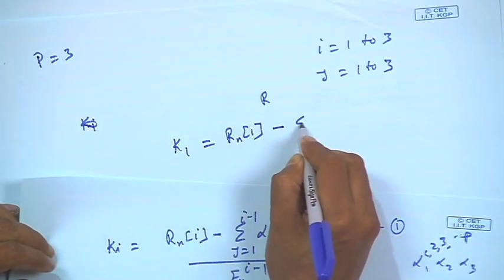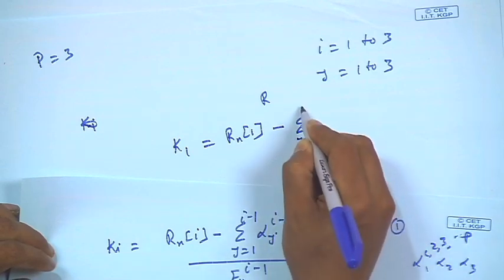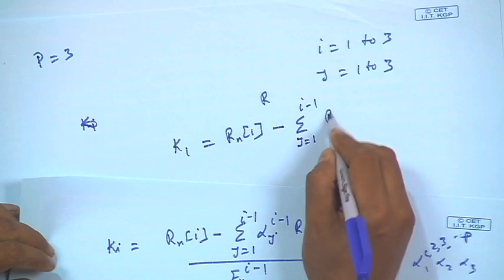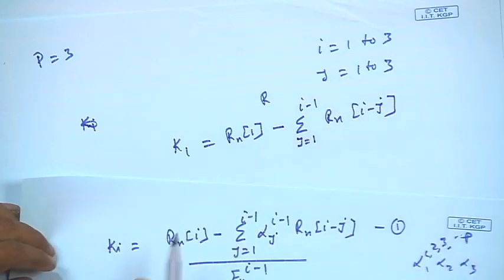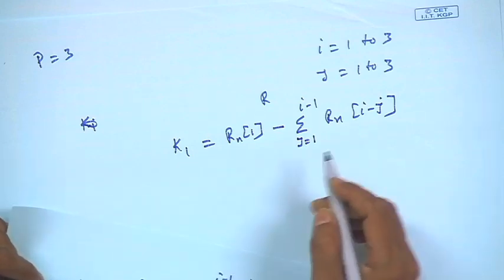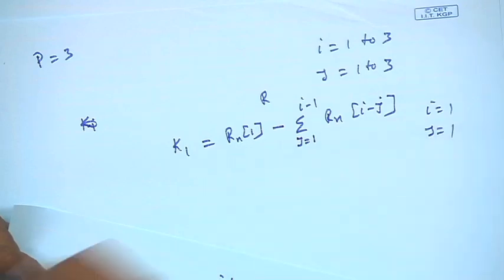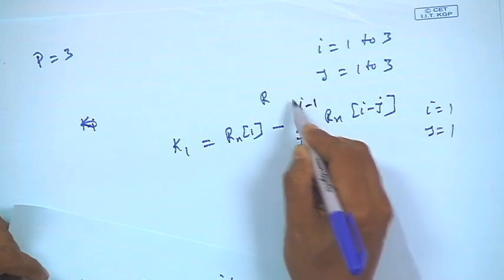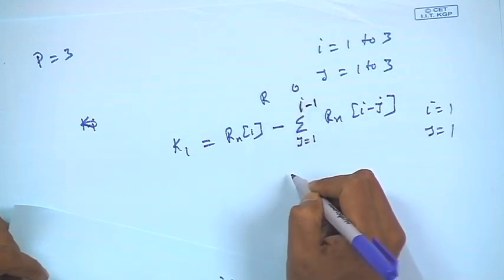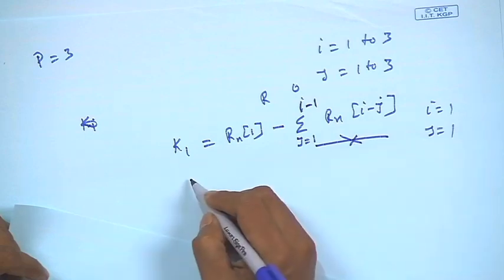K1 is equal to Rn1 minus the sum for J equal to 1 to I minus 1 of Rn I minus J. Now, here I is equal to 1, so J is equal to 1, and I minus 1 is 0. So, this sum will not be executed.